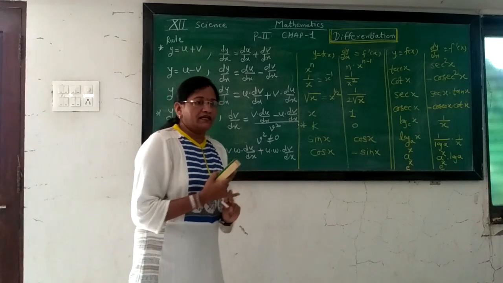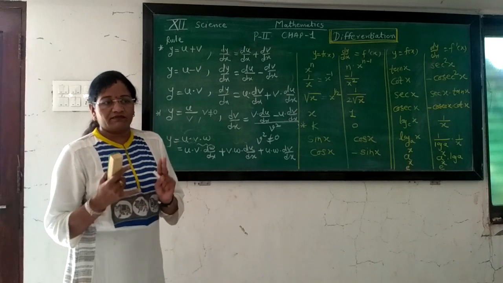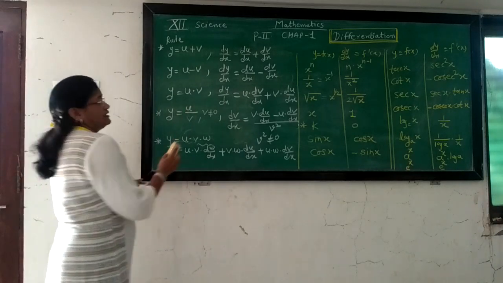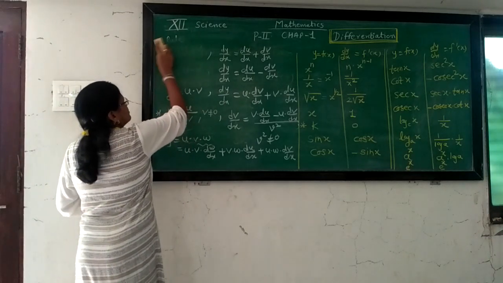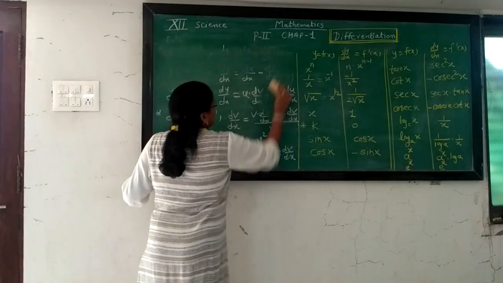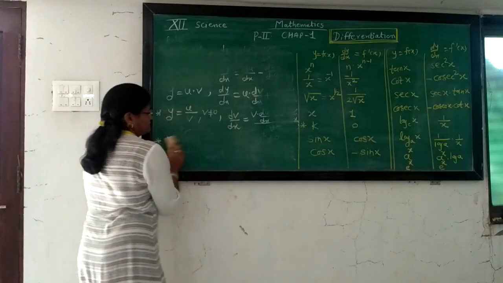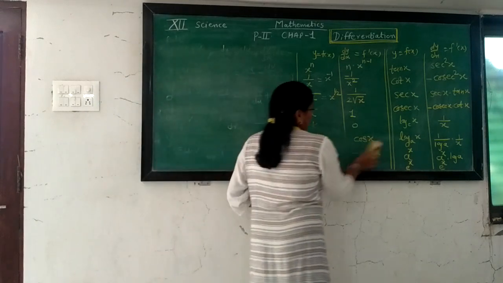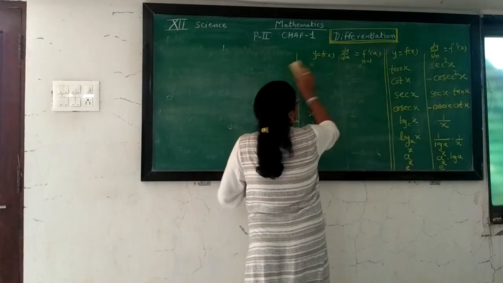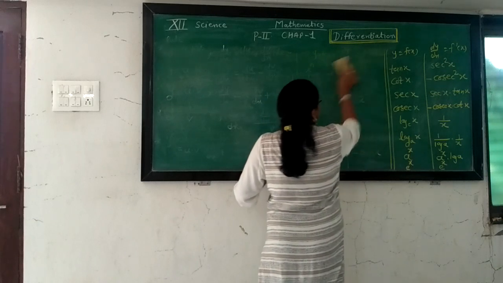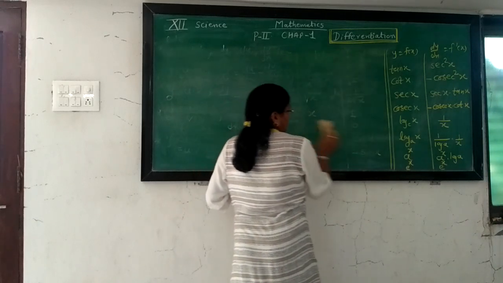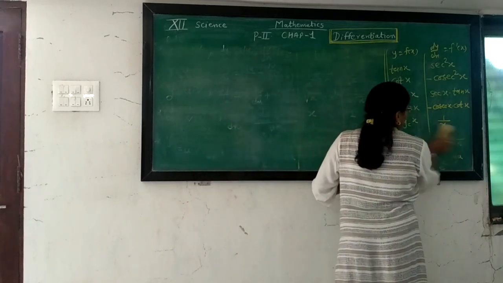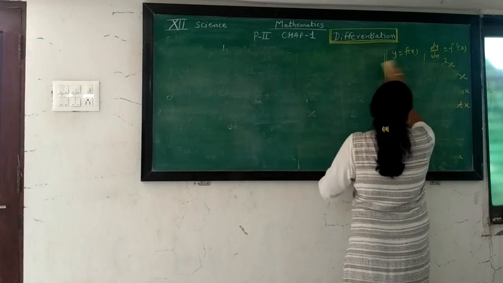So how do you find the derivative of this composite function? For this we take the first theorem, for the derivative of composite function. We learn all these derivatives by taking as a base from 11th science.